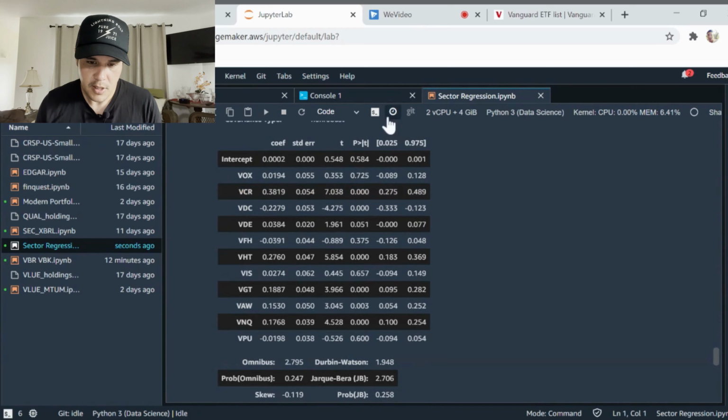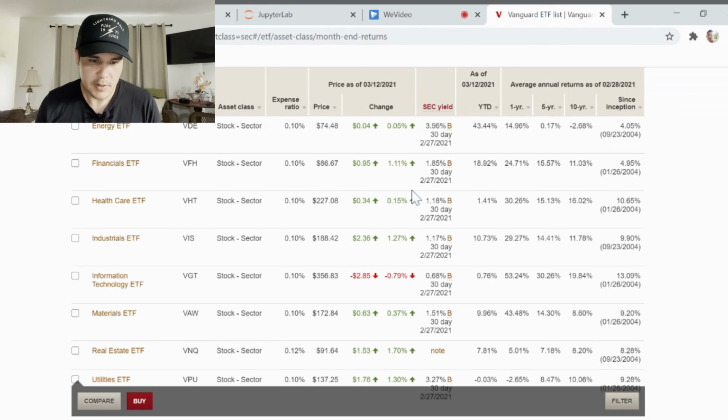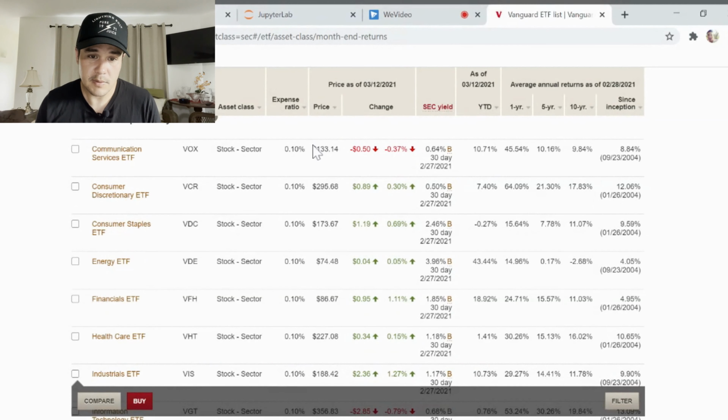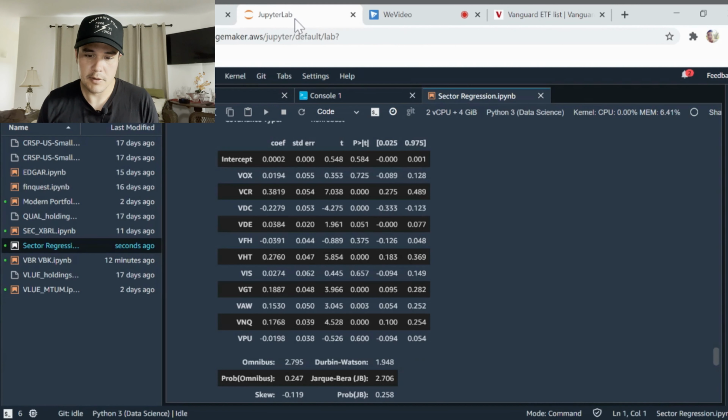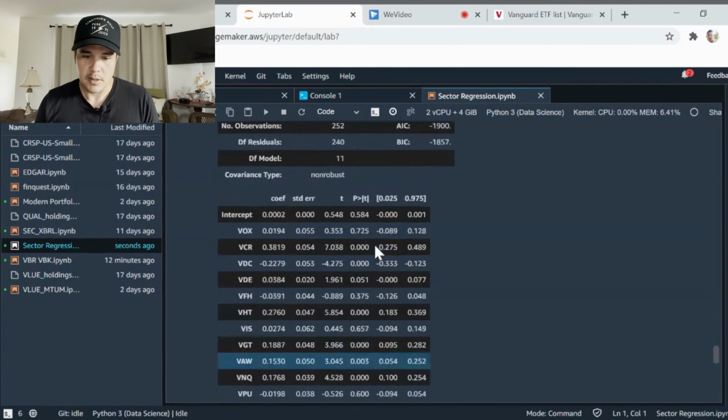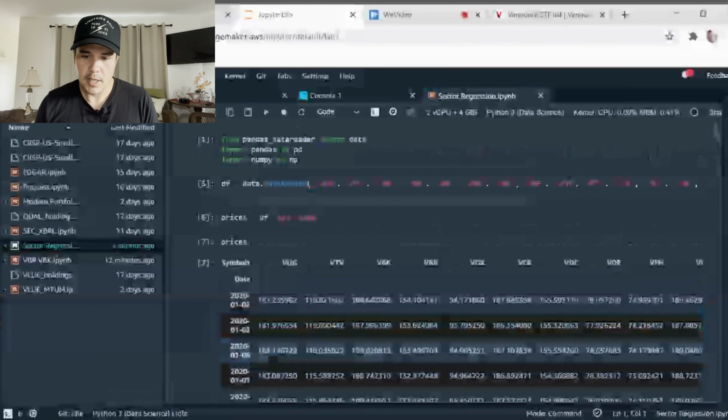It's very large for VCR, which is consumer discretionary. So there seems to be a bias towards consumer discretionary stocks in the small cap growth. That kind of confirms our hypothesis with technology. So let's take a look at the small cap value.